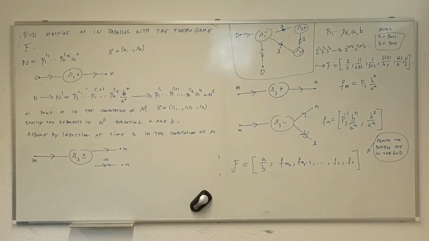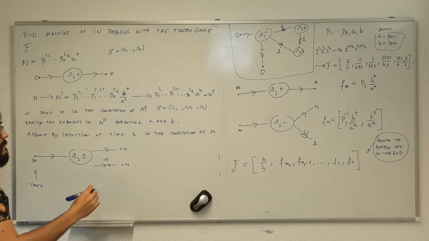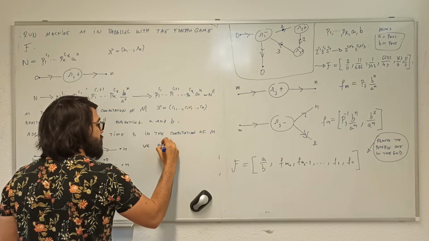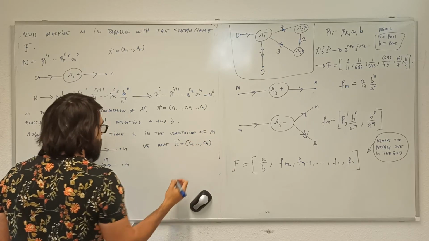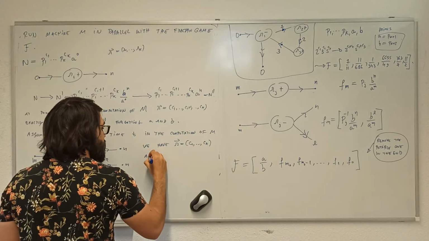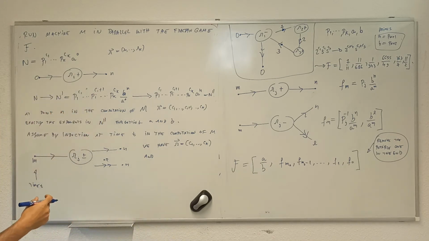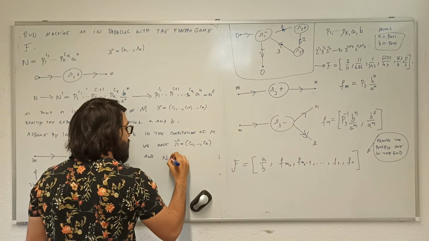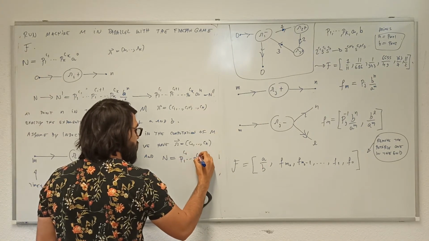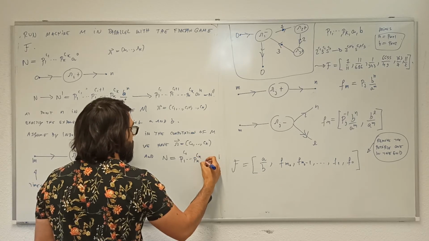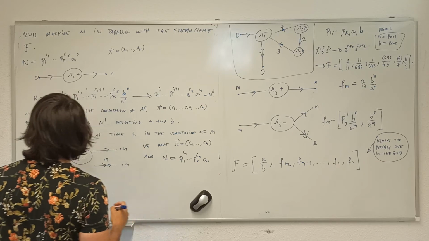Okay. So assume by induction that at time t in the computation of M, we have the registers with certain configurations, C1, ..., CK, and in the FRACTRAN game, we had n with exactly the same configuration of the primes, and a to the power m.